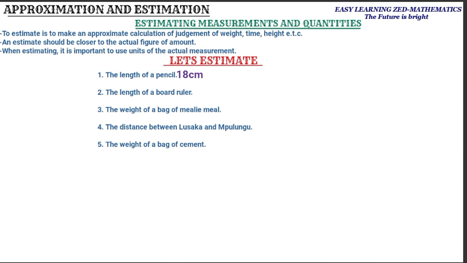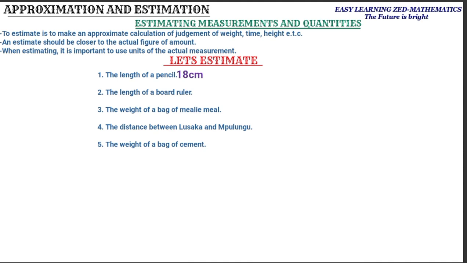Now I've put it in centimeters. Why? Because the actual length could be 15 centimeters or 20 centimeters, so I'm using the same units as the actual length. Then the length of a board ruler.